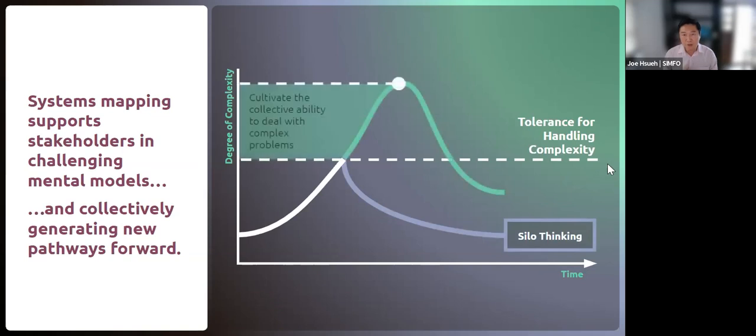Our challenge as systems leaders, investors, is to help cultivate our collective capacity to hold complexity, to bring people together to go beyond that comfort zone. We are not going on forever, otherwise you'll get analysis paralysis. We want to go to a sufficient point where we can see that elephant, we can calm down and distill that core structure that I just shared.